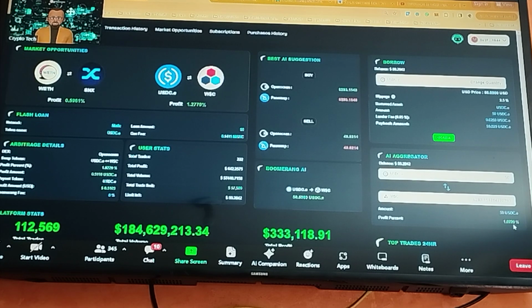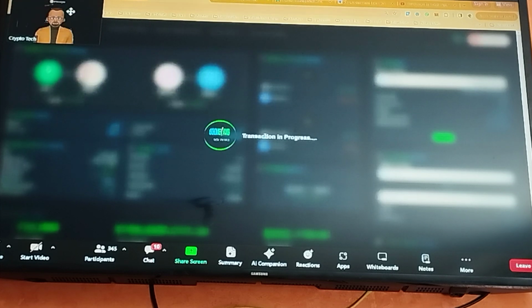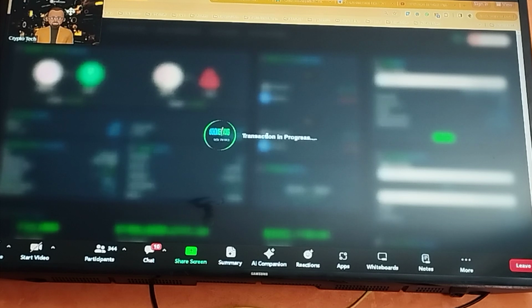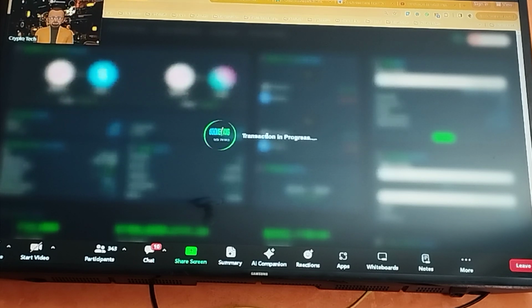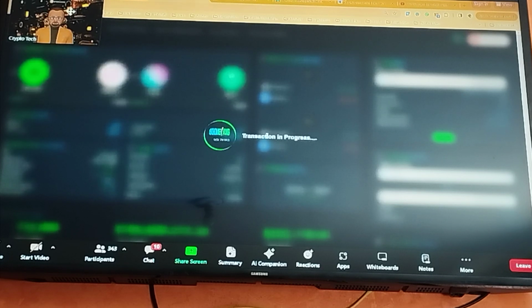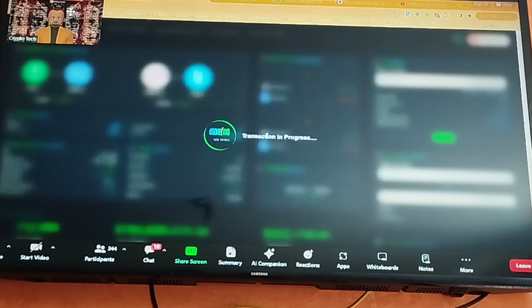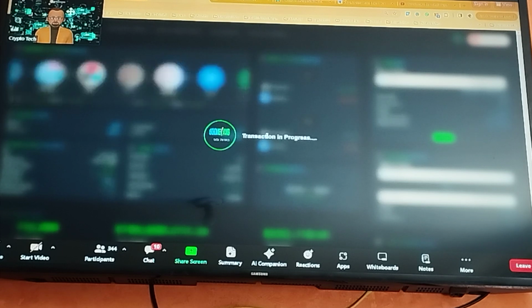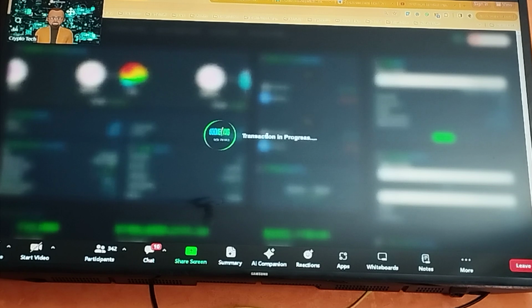Okay, I have 1.02%. I will go ahead and click on that, confirm. It will bring up MetaMask so that I can confirm that trade. Okay, here we go. I will go ahead and confirm. It shows 87 cents.